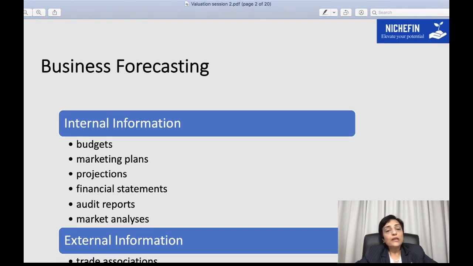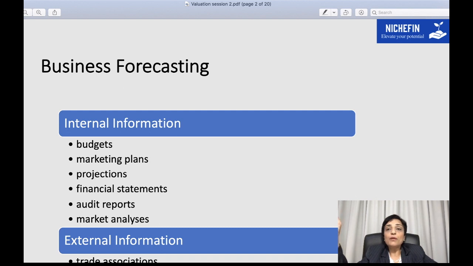As we discussed in the income-based valuation, the whole method is done to find the intrinsic value. What is intrinsic value? Intrinsic value is the future revenue or future income generating capacity of the company.